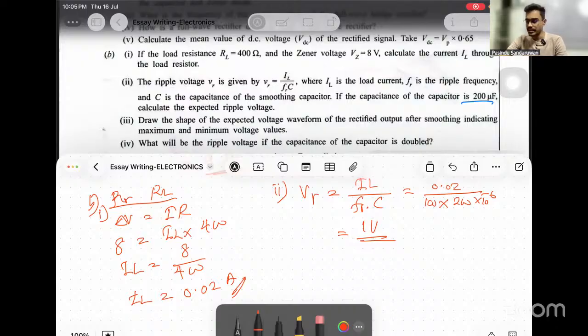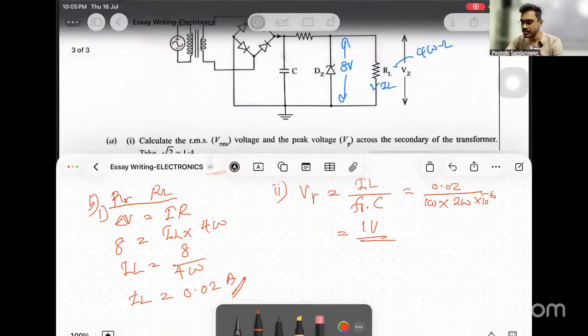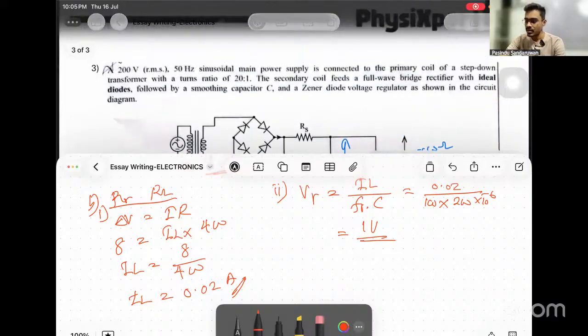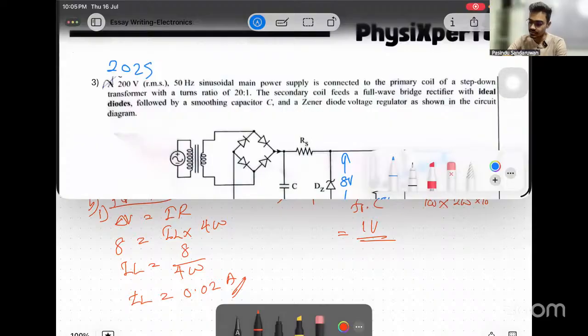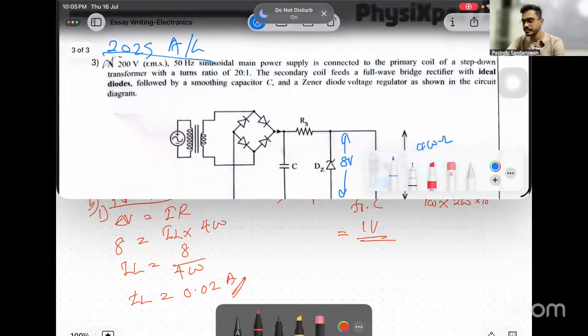And by the way, this is the last year question. This is 2025 A level electronics essay. So we are discussing the last year question here.